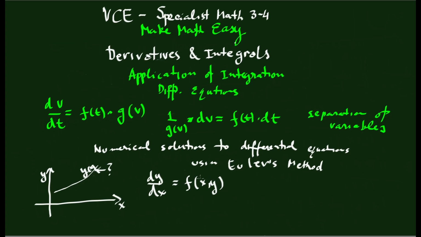then you can find the approximation. So if you take a point here called x0 on the x-axis, and on the y-axis it's y0. So if you know these points, you do know them, and you do know the differential equation, then you can estimate where every next point on this curve is.